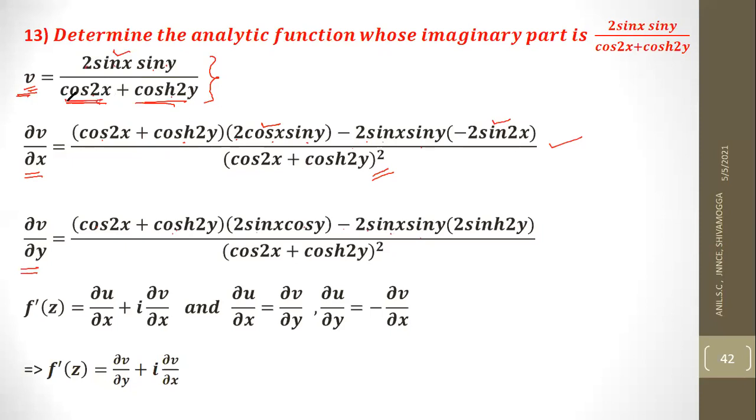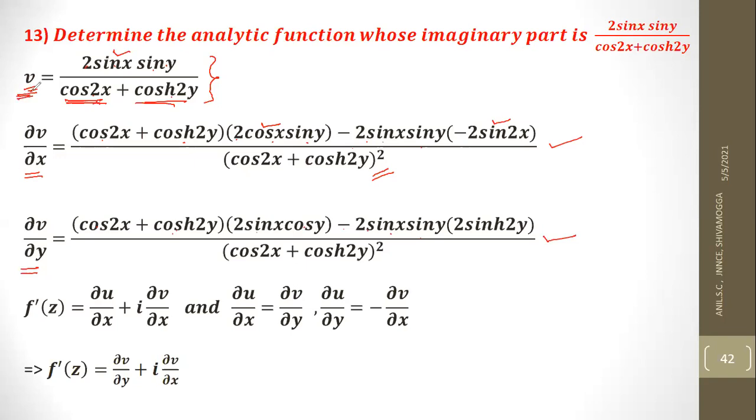Here cos 2x is to be treated as constant, therefore its derivative must be 0. And derivative of cos hyperbolic 2y is sin hyperbolic 2y into derivative of 2y with respect to y, which is 2, divided by denominator square.